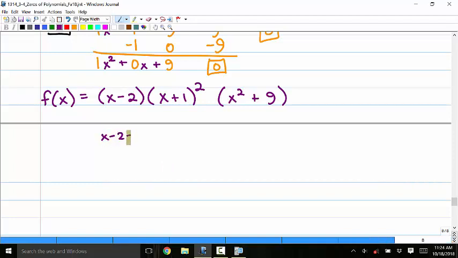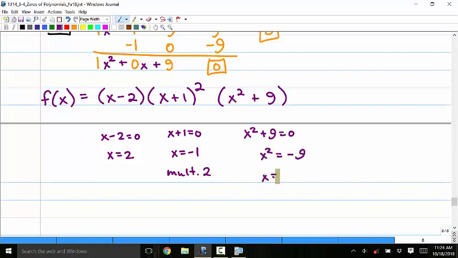We know that x equals 2 was a 0. We knew that x equals negative 1 was a 0 of multiplicity 2. So it counts twice. What if we set x squared plus 9 equal to 0? So x equals plus or minus root 9i, right?